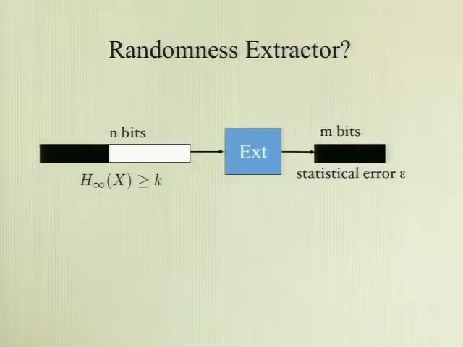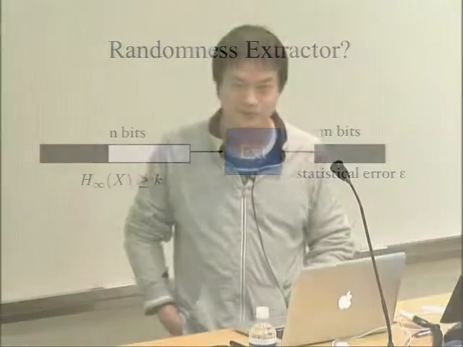Okay, so as the title suggests, I'm going to talk about randomness extractors. So what is a randomness extractor? Basically, it's supposed to be some algorithm that is given as input some weak random string, a weak source of n bits with some entropy k, and the algorithm is supposed to output, say, m bits that are supposed to be uniform, but we allow the output to have some small statistical error.